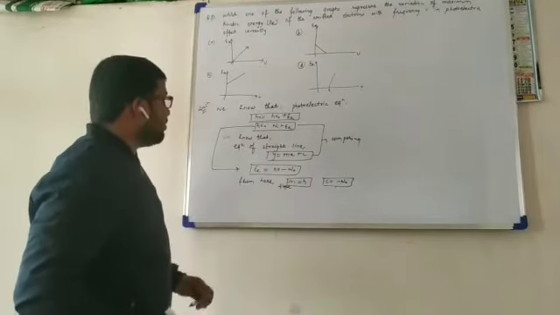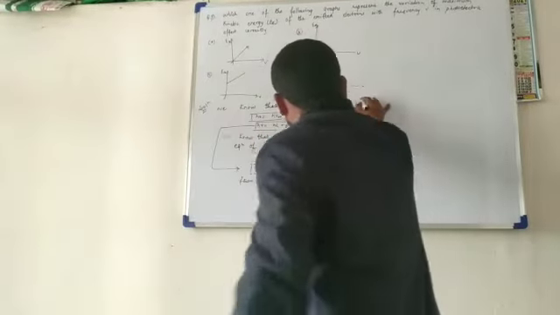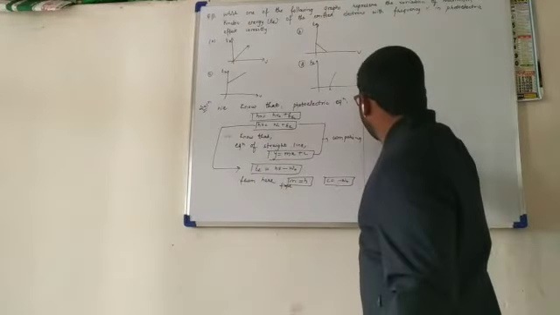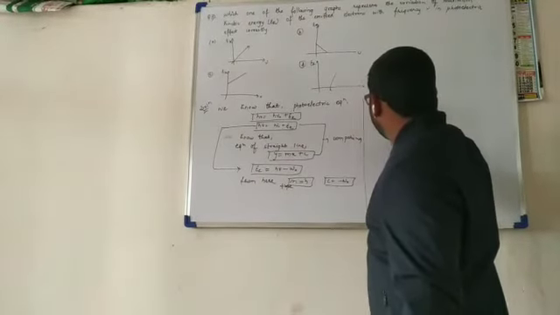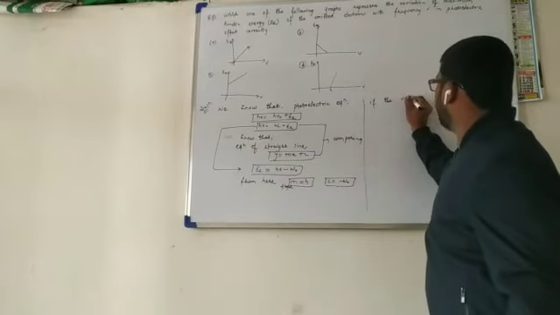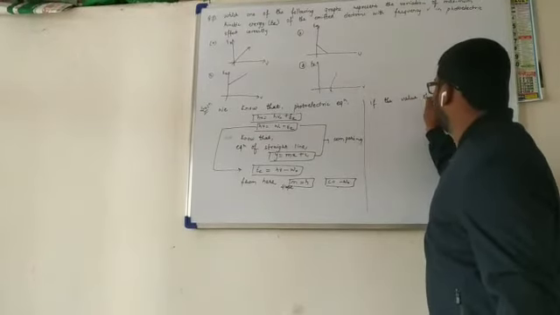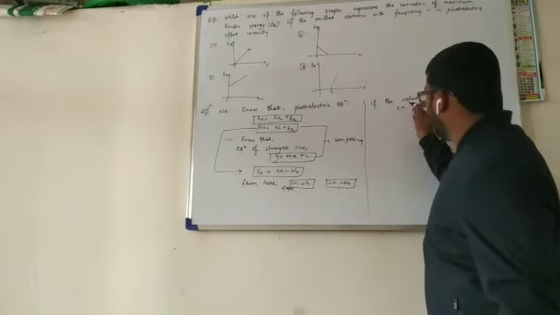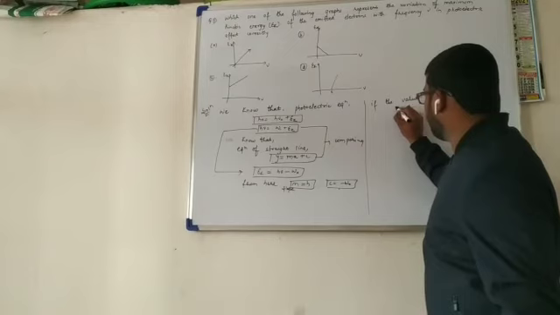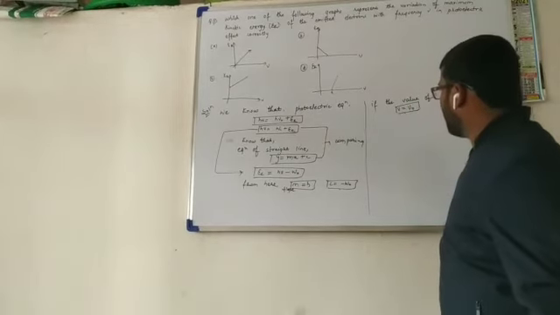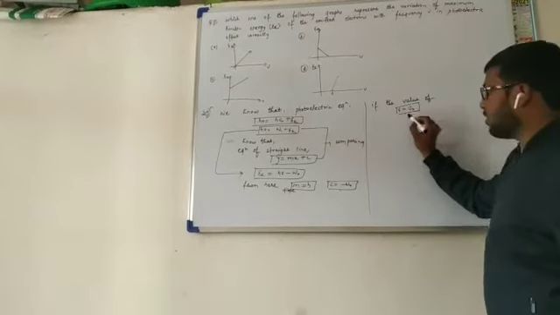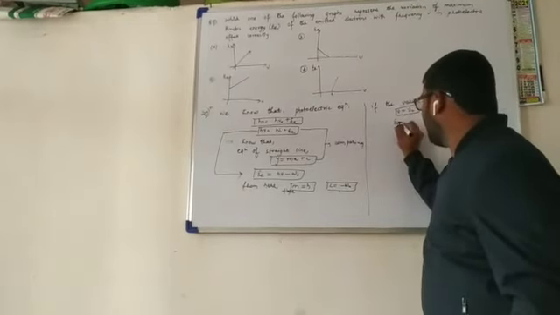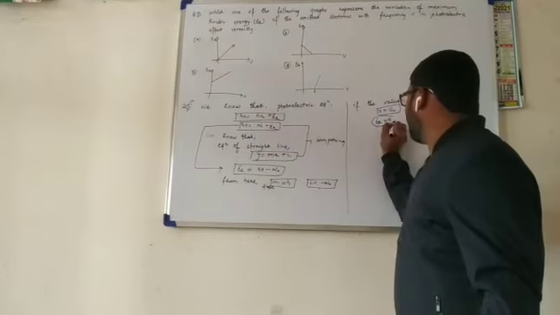So in this graph, we can say that if nu equals nu naught and you put this value in the photoelectric equation, then the kinetic energy will be zero.